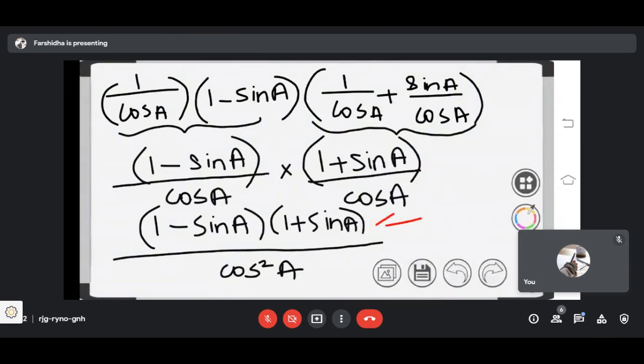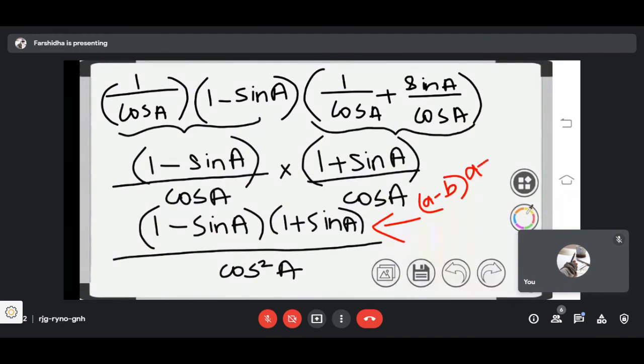Now you can see here, this is in the form of identity number 3. Not this identity, the algebraic identity: A minus B into A plus B equals A square minus B square. Third identity.